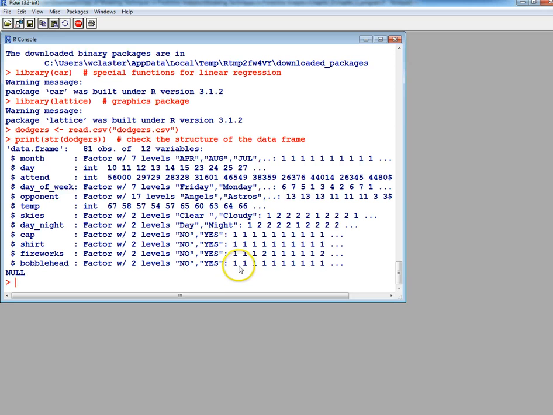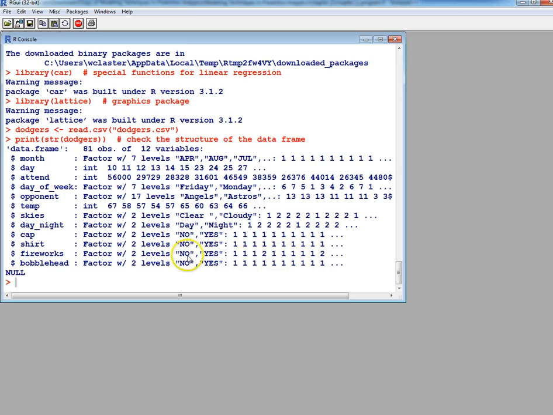What about here, the fireworks one? It means the first, second, and third rows were 1, which means they didn't have fireworks, but the second one was 2, which means that they did have fireworks. So it's just giving you a sample, the first few rows of the data, but it's stored as numbers.